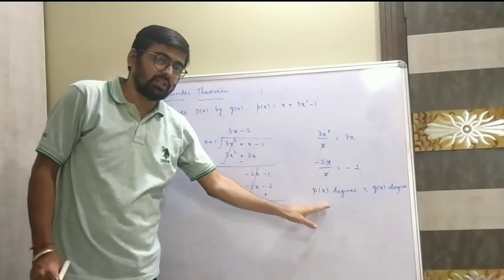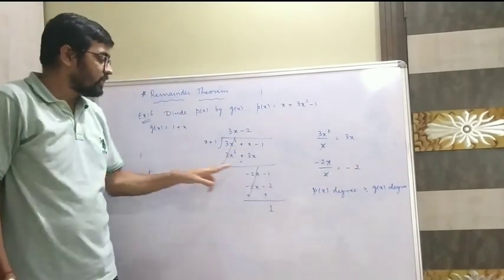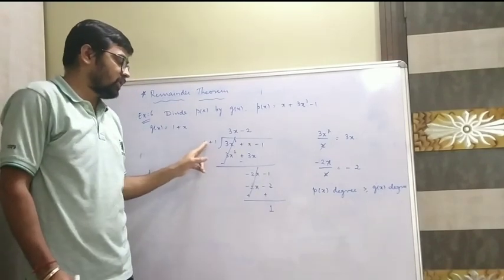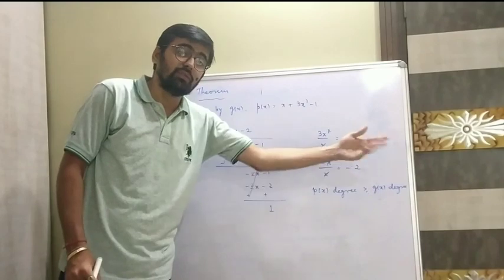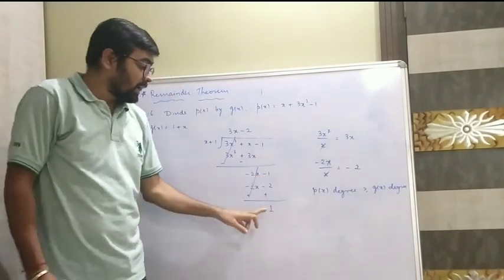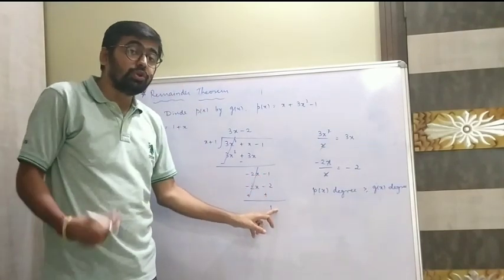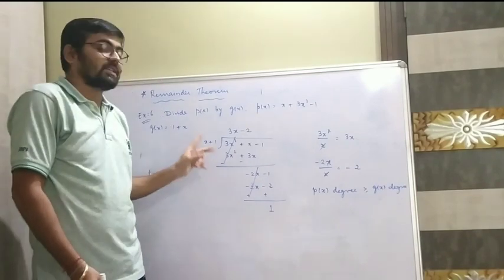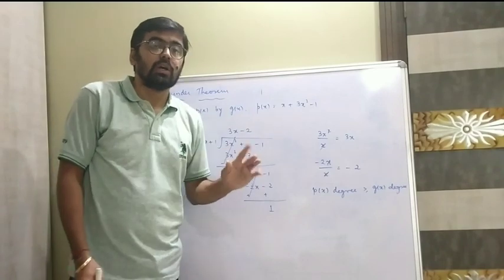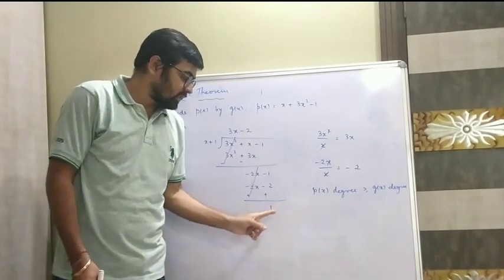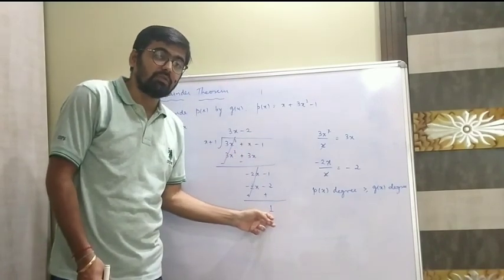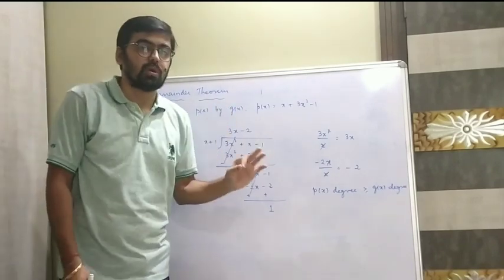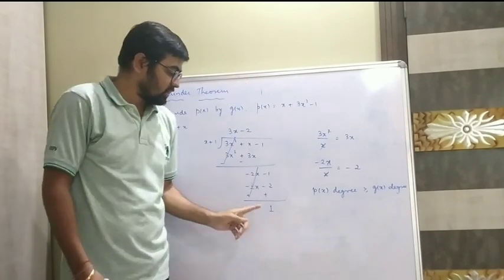So the degree of p of x is greater than the degree of g of x, I can do it. Now the new p of x has degree 1, here also degree 1, so they are equal. So I can still divide that. But now the degree of this new polynomial p of x is x raised to 0, which is lesser than 1. That's where we stop. Once the degree of this new dividend gets lesser than your divisor, that's where you stop. You do not keep on doing like this.